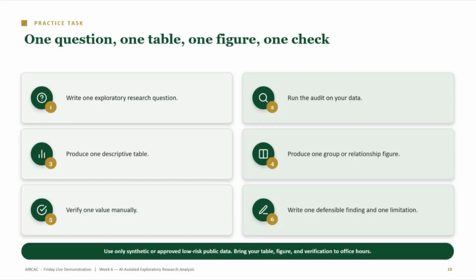Just choose one first question that is most important, then run it, audit your dataset, produce the descriptive table, one table that describes what this dataset is and how you are using it. Produce one group of relationship figures, one figure, and verify one value manually. So take only a random value from the table and check it by yourself manually.